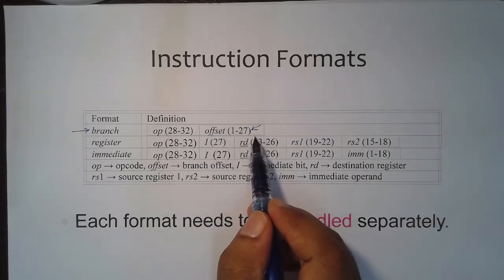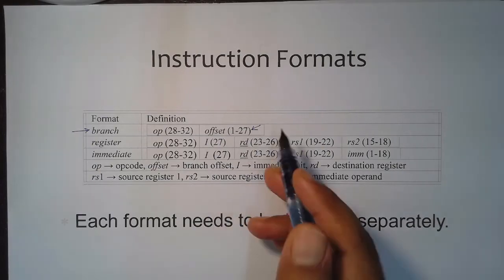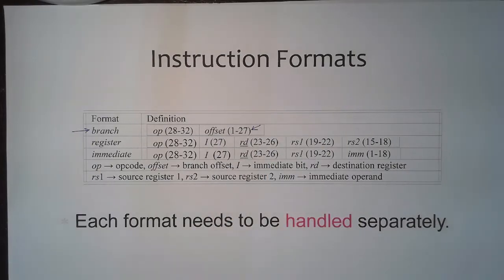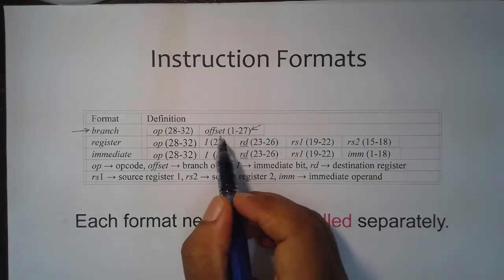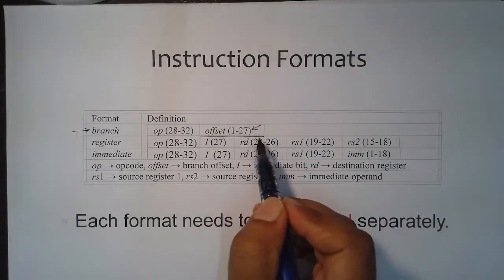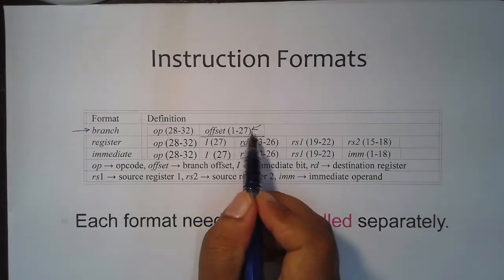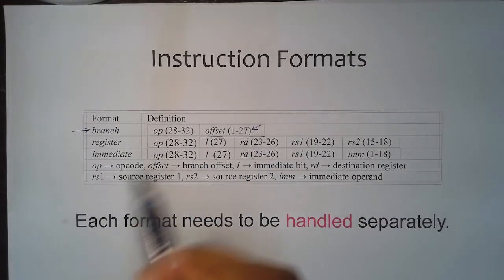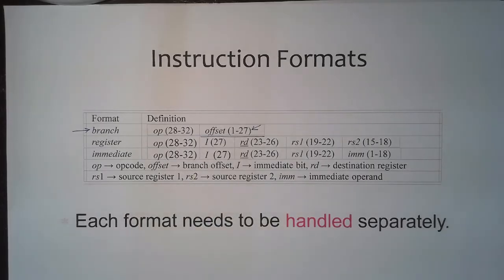Once we get the 29 bit address, then we convert it to a 32 bit offset value by extending the sign. That is how we will figure out the actual offset value which needs to be added with the PC. So, we will see it in a bit.